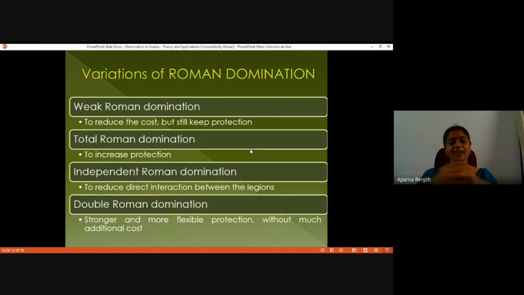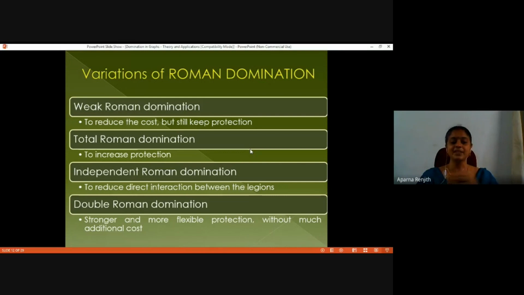So that gave rise to the remaining new domination parameters. The next one is total Roman domination, as the name indicates, and from the concept of total domination number we can easily guess it. Total Roman domination number means a unit cannot protect itself; it can protect only its neighbors. And if we do not want interactions between the army units, then comes independent Roman domination number.